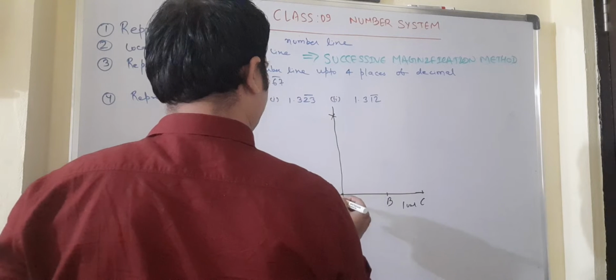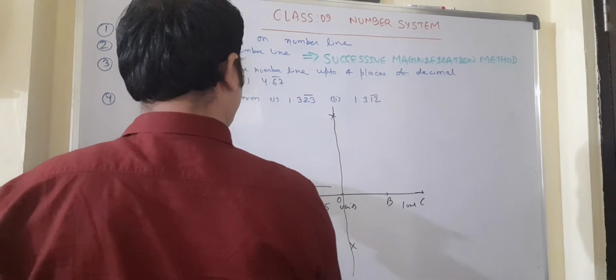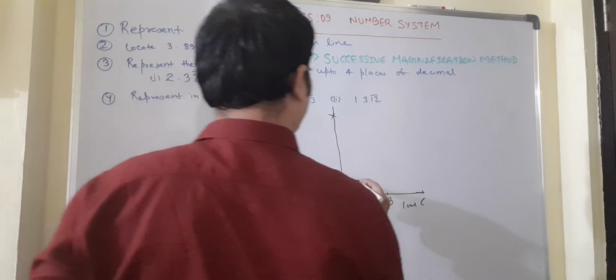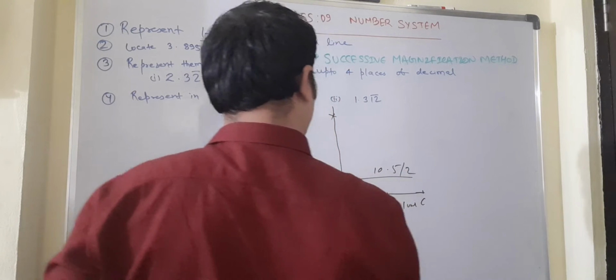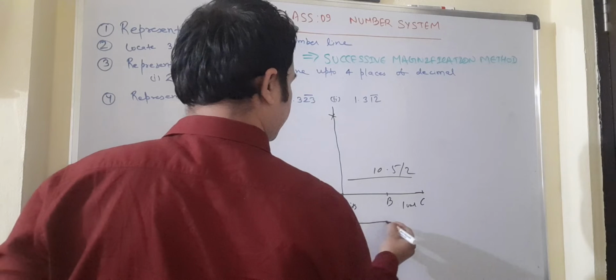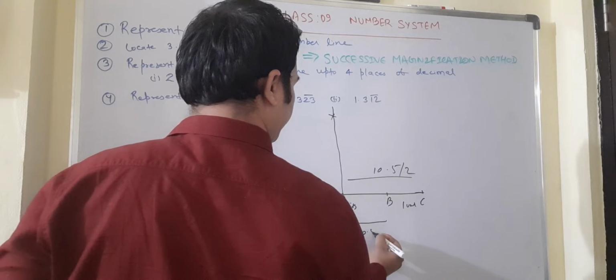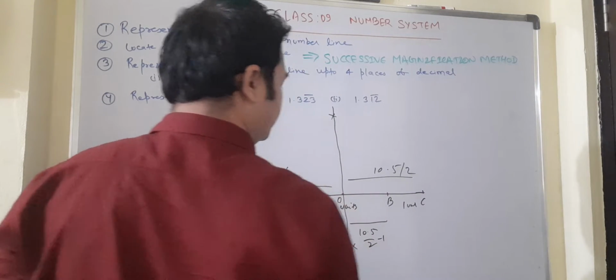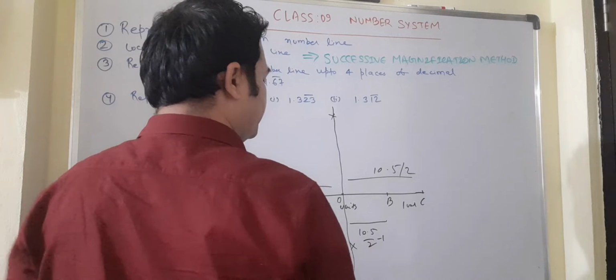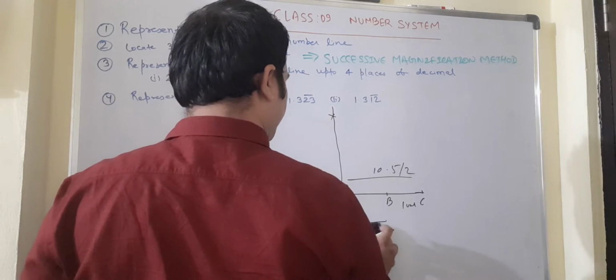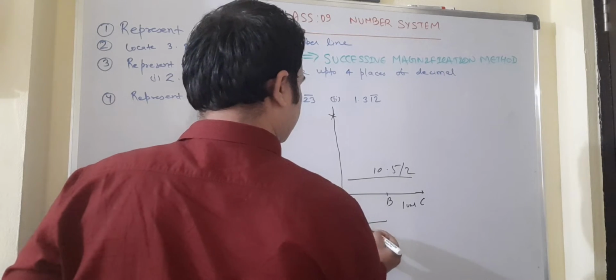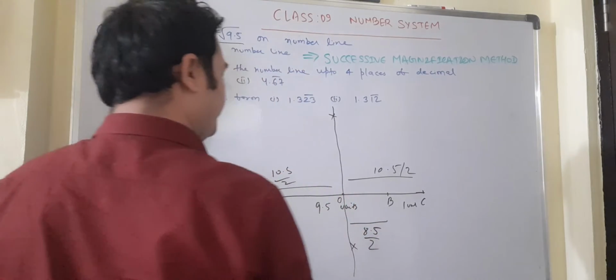So you get this point O, this is 10.5 by 2, this is again 10.5 by 2. This length is 1, so this is 10.5 by 2 minus 1, that is (10.5 minus 2) by 2, that means 8.5 by 2.